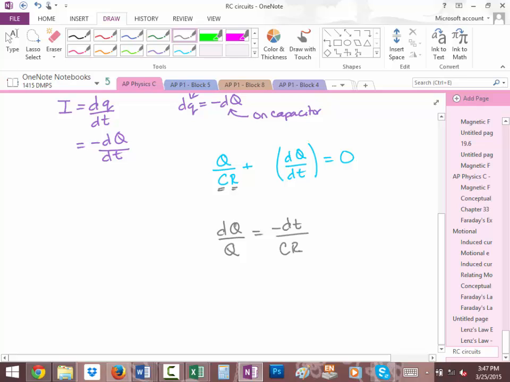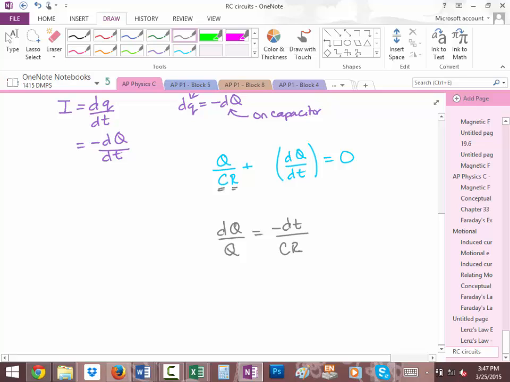Is that okay with everybody? So I'm just separating out my variables. So then I can do some integration to solve for Q as a function of t. Are we okay? Everybody happy enough?